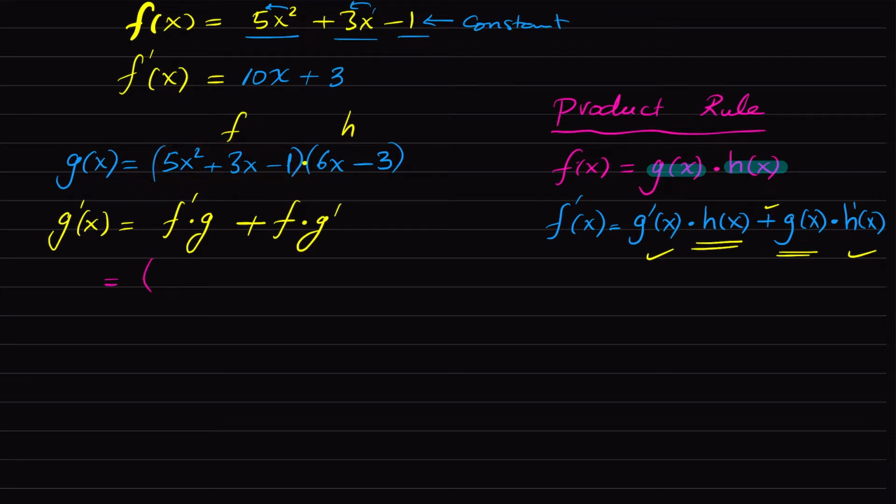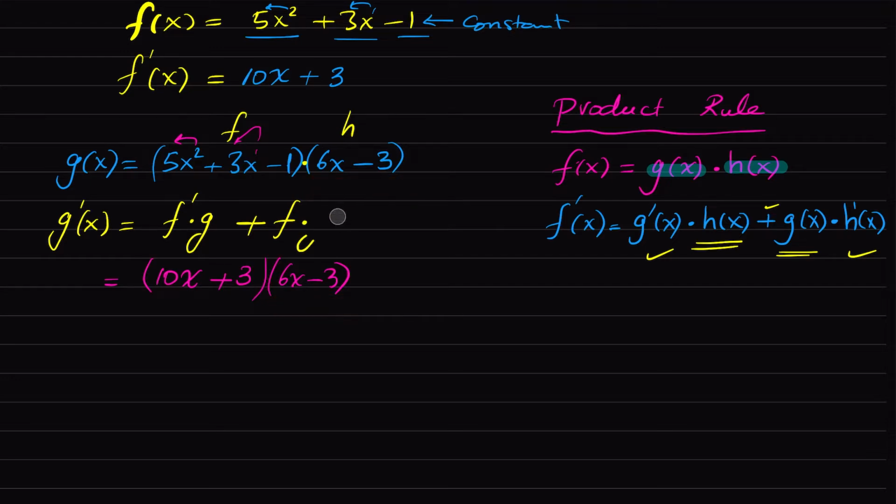So 5x squared, we will multiply 5 times 2, plus the power is 1 multiplied by 3, and x will be x power 0. Negative 1 is a constant, so 0. Multiplied by 6x minus 3. So we did the derivative of the first, we wrote it in the first bracket, then we kept the second function as it is.